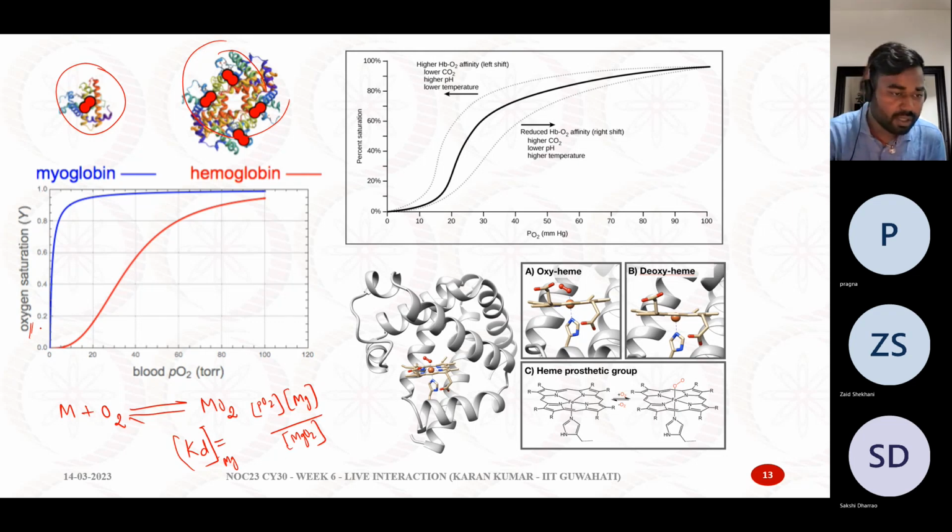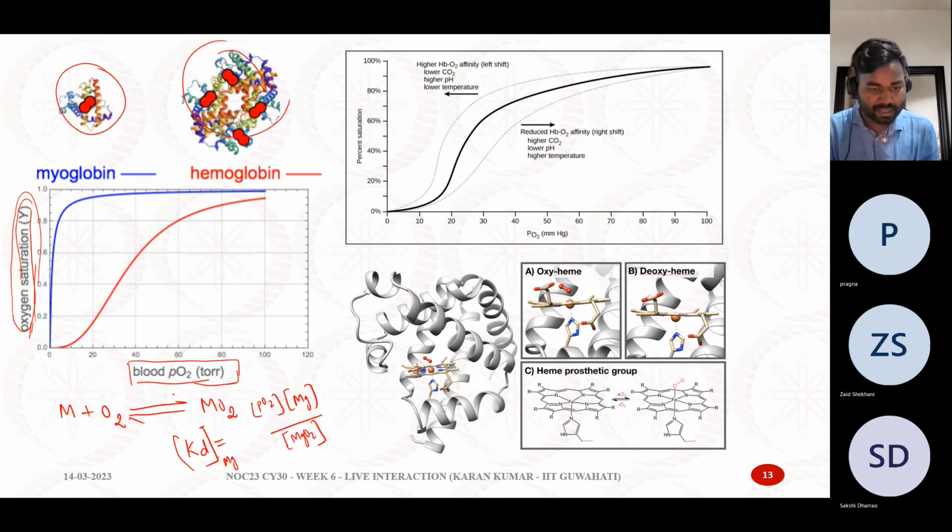Okay, so the oxygen saturation here shows where the binding is happening, and in the blood, how much oxygen is available. Because oxygen is a gaseous molecule, the expression of concentration will be partial pressure of oxygen, right?